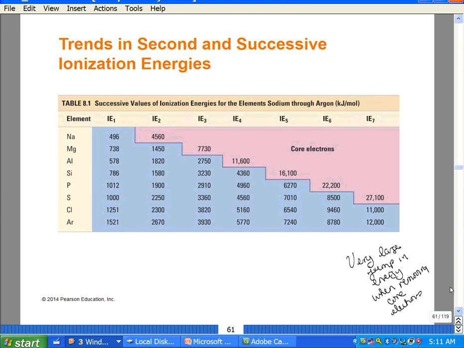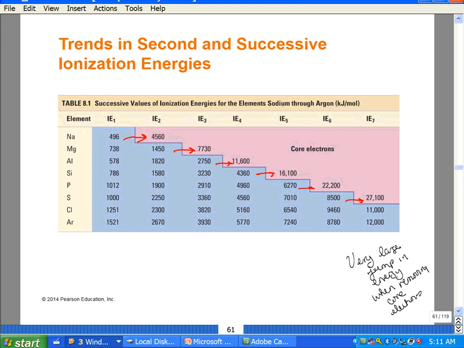All right. So this slide, before we leave ionization energy, all this shows us is that as you go from blue to purple, that's going from removing the last valence electron to starting to mess around with the core electrons. And in each case, the ionization energy increases a lot because the core electrons are tightly held to the nucleus.